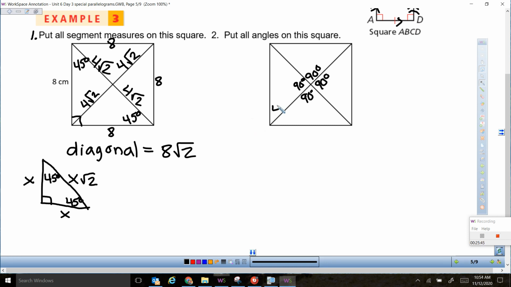So all of these angles are 45. So half of 90 up here is also 45. Over here in the top right, half of 90 is also 45. Down here in the bottom, half of 90 is also 45.